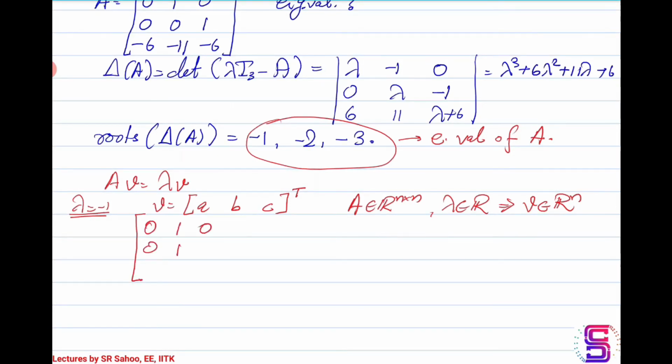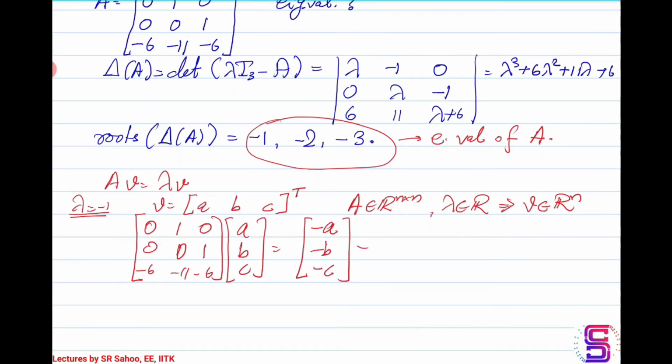We'll use the relationship Av equal to lambda v and equate it to, for lambda equal to minus 1, lambda v is minus a, minus b, and minus c.